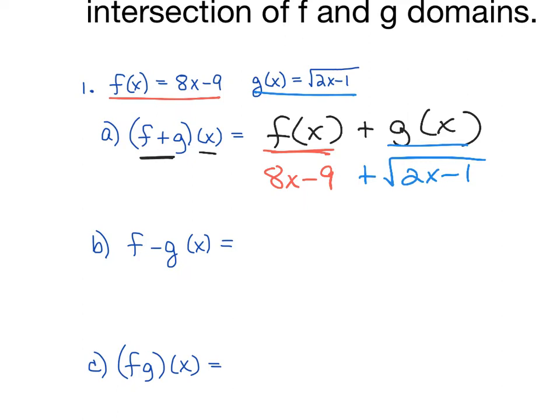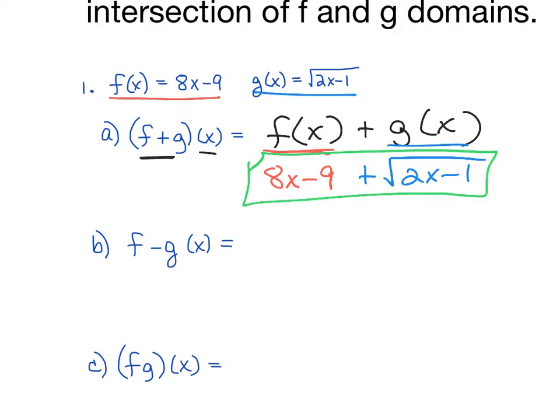Notice I cannot add something to a radical unless it has the same radical. So this would be my simplified answer. I can't combine any like terms. If there were no radical there, we could add 8x plus 2x and negative 9 minus 1. But this is in simplest form. This is how we leave it.